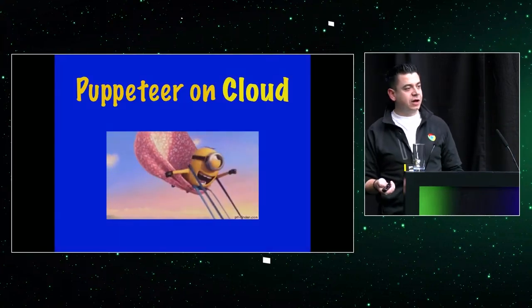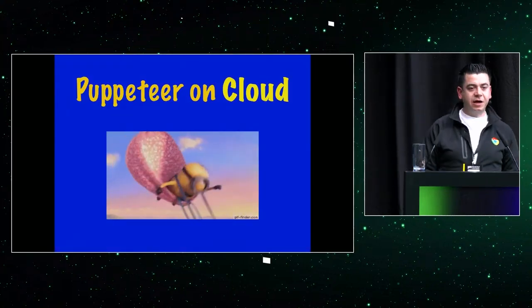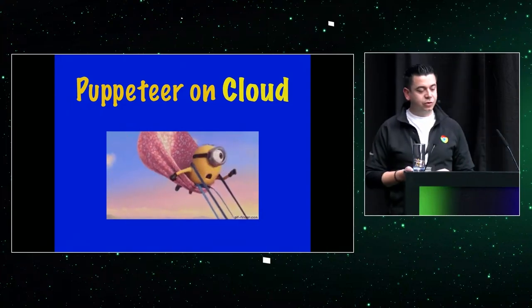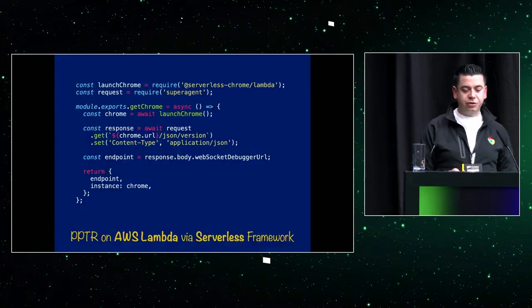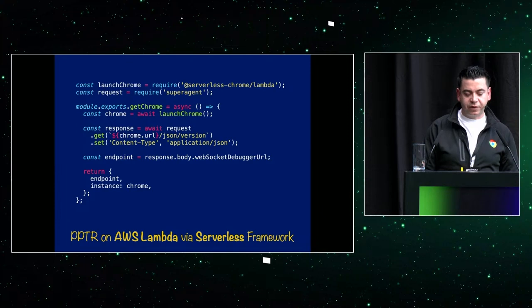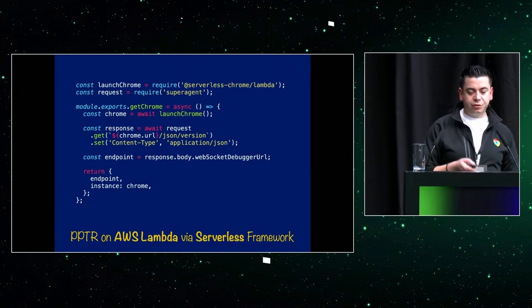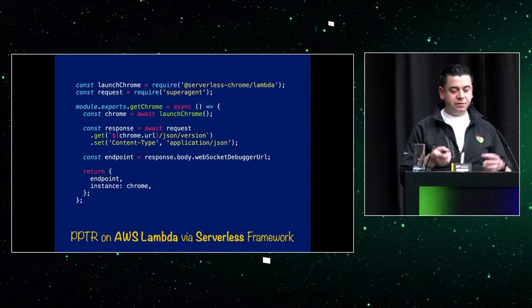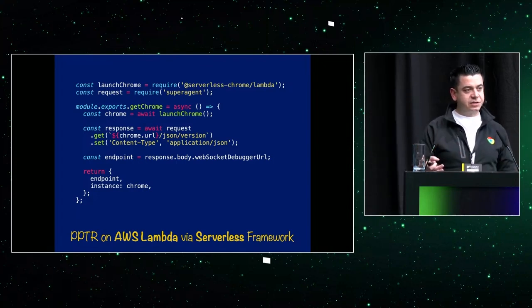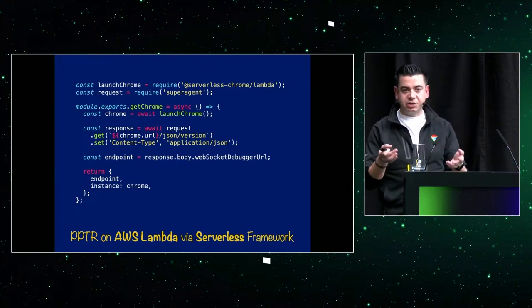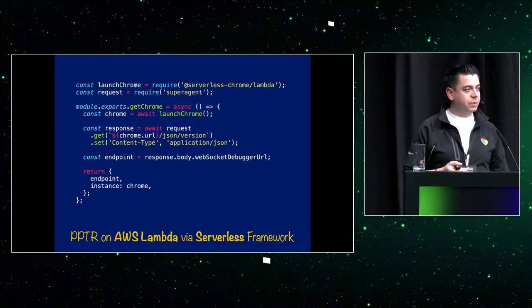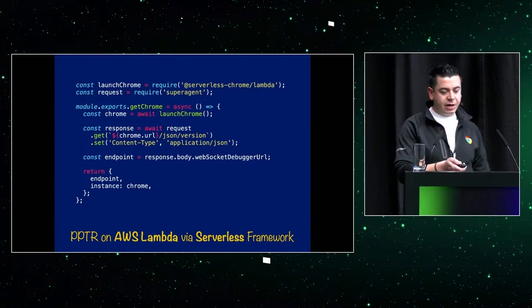Can we run them on the cloud? Yes, we can. I actually ran some of the browser automation tools myself on Google Cloud Functions. In this scenario, I'm showing the example of AWS Lambda. It uses a serverless framework library called serverless-chrome, which downloads and runs the Chrome instance on a serverless function. And it uses the same technique that we used earlier with the Puppeteer Core approach.